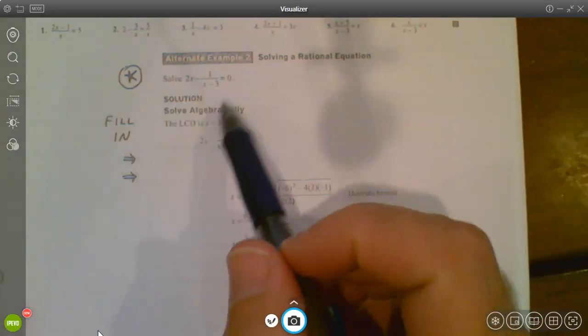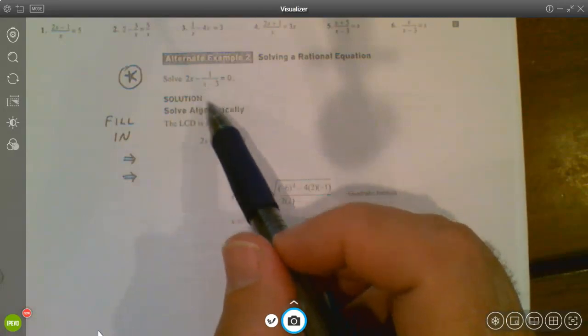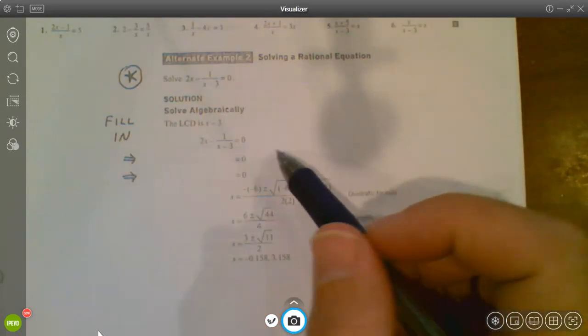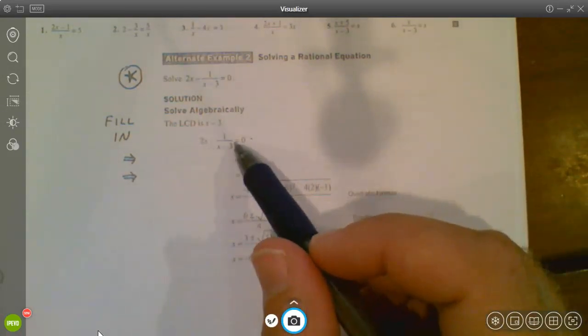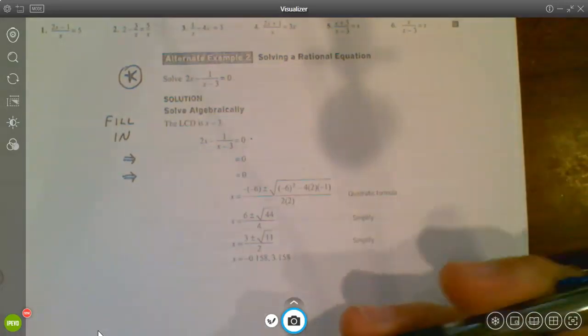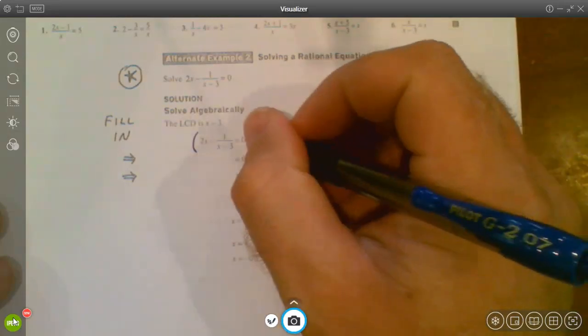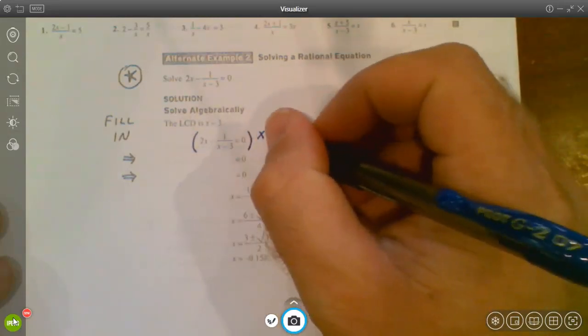So same idea, we're solving this rational equation with x in a denominator. So I want to take the common denominator, which is x minus 3, and multiply it through to the whole problem. So here's where it started. So if we take x minus 3 and multiply it through, so I would be multiplying this whole equation by x minus 3.